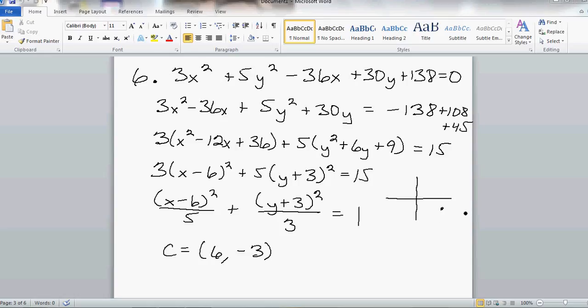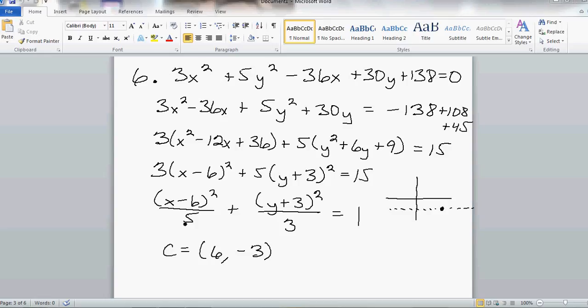What else do we need to find? We need to find the foci. Since this is the biggest, the major axis goes this way. How far away from the center? I need to find what C is.